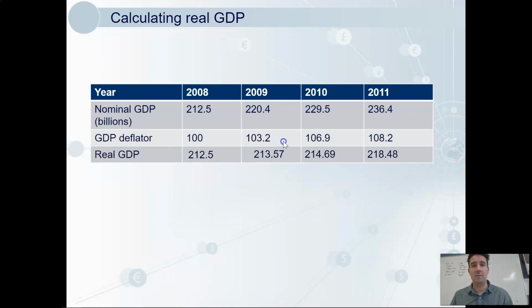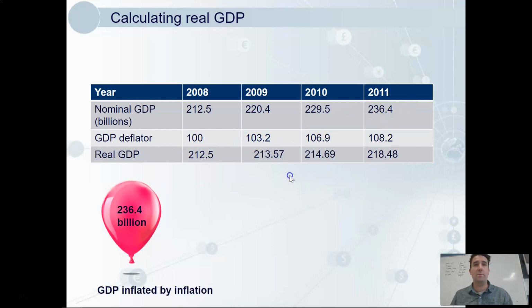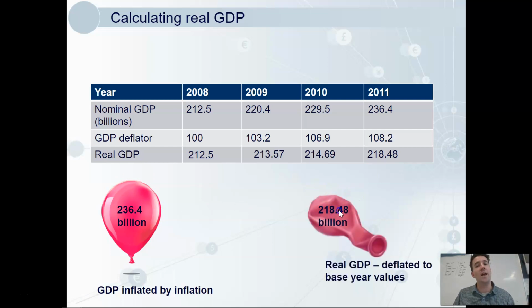Here we see the nominal GDP, $236.4 billion. This isn't real GDP, this is GDP that's been inflated by inflation. After using the GDP deflator, we find that the real GDP is actually only equal to $218.48 billion. The inflated GDP figure has now been deflated to a number that can be useful for year-to-year comparisons.